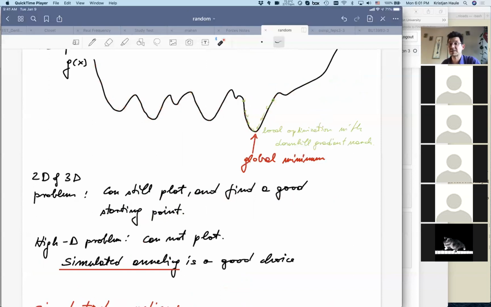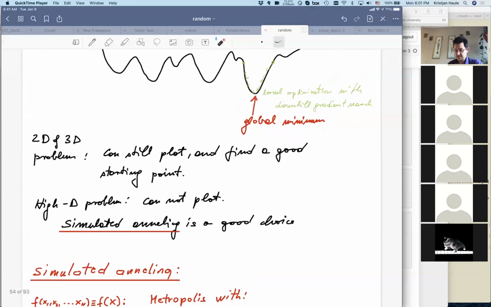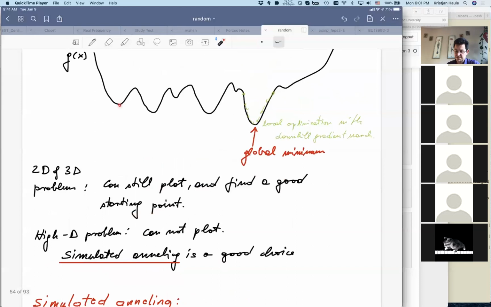That's more or less the same as plotting. So in 2D and 3D, you can still plot. And then once you plot, you can see more or less where the global minimum is. If you have lots of local minima which are almost degenerate, another way to do it is, after you plot the function, to calculate several local minima.